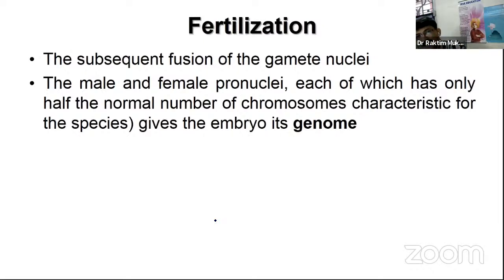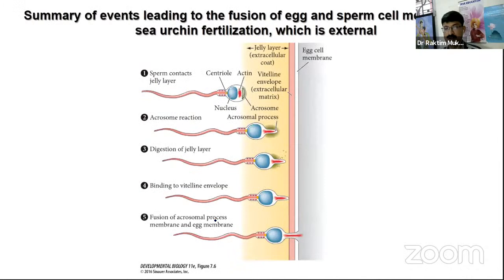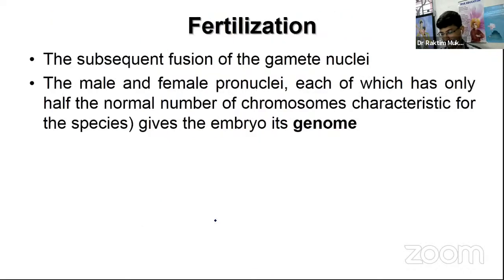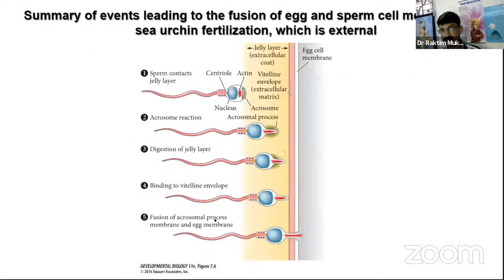Right now, the male and female pronuclei, each with only half the number of chromosomes characteristic of the species, give the embryo its genome. This is the summary of events.